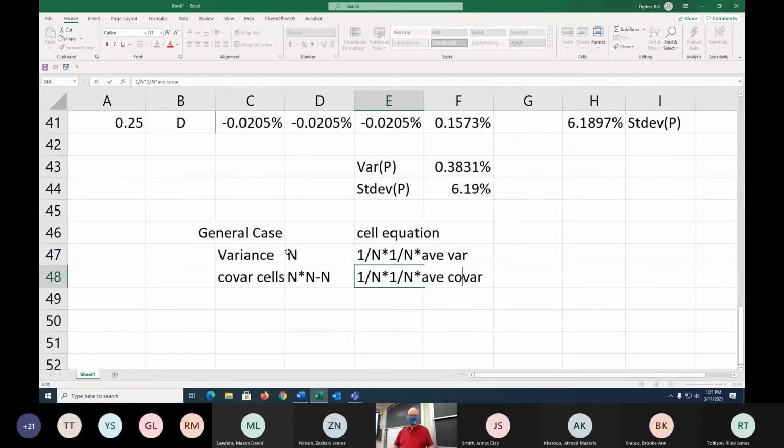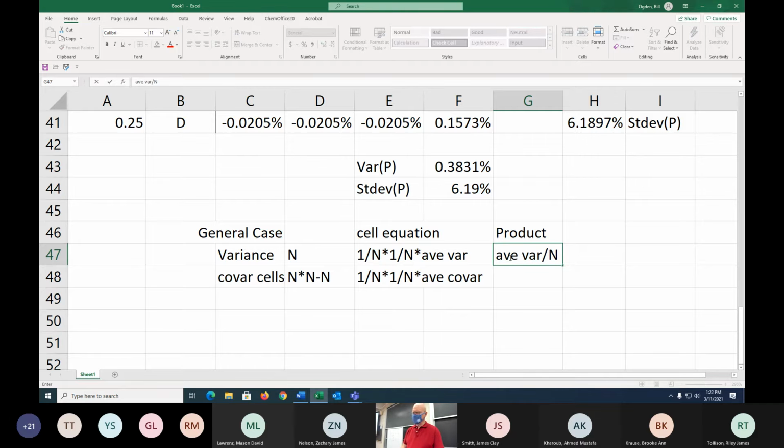So let's multiply across here. What do we get? If you multiply the number of terms times what's in each one of the cells, what do you get over here? Product. So I'm going to take N times 1 over N squared times the average variance. Okay, so 1 over N times 1 over N, that's 1 over N squared, times N, just gives you 1 over N times the average variance.